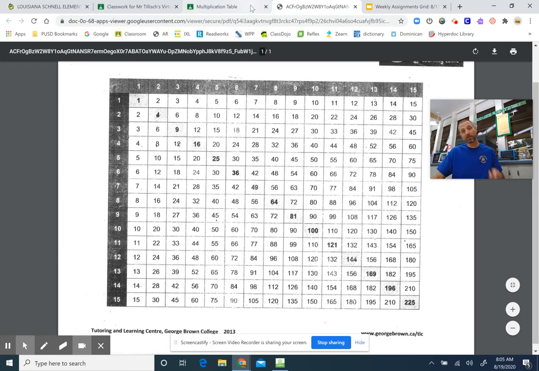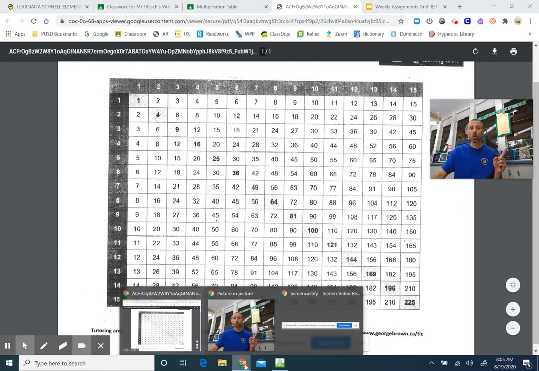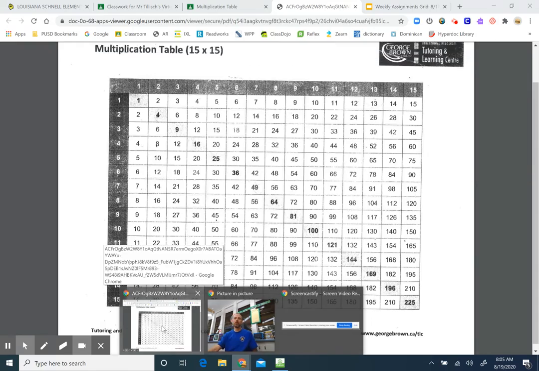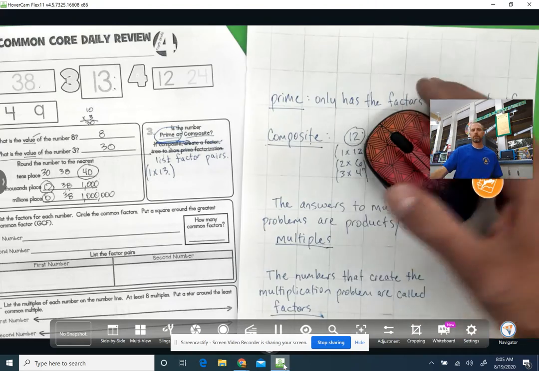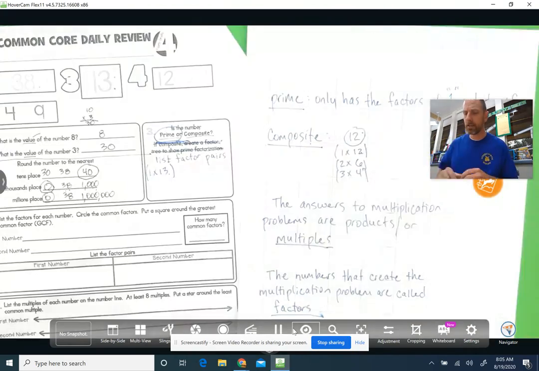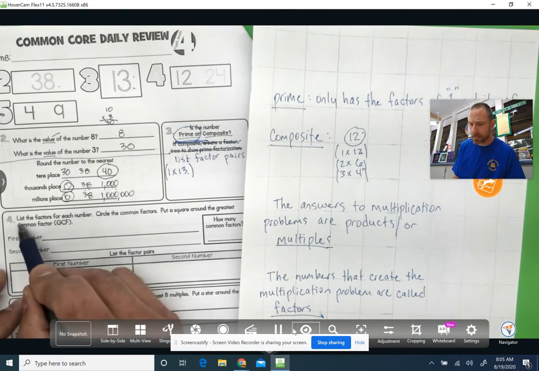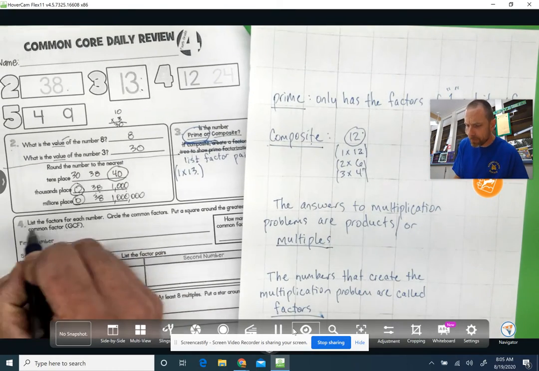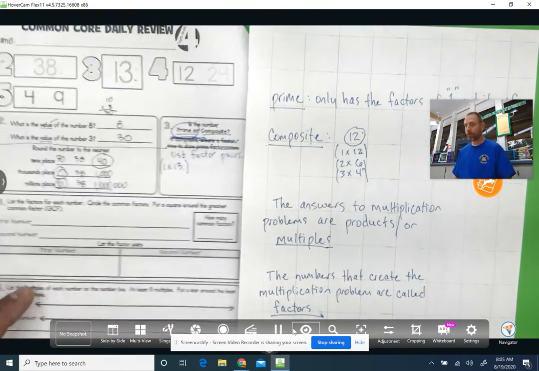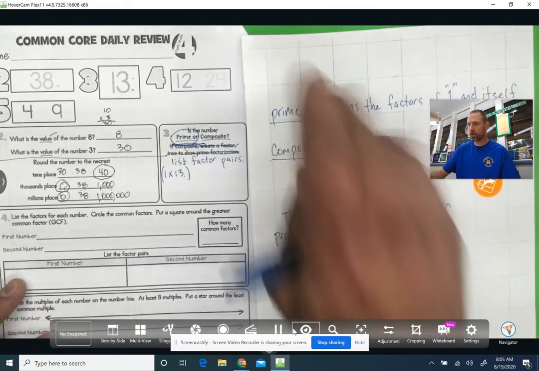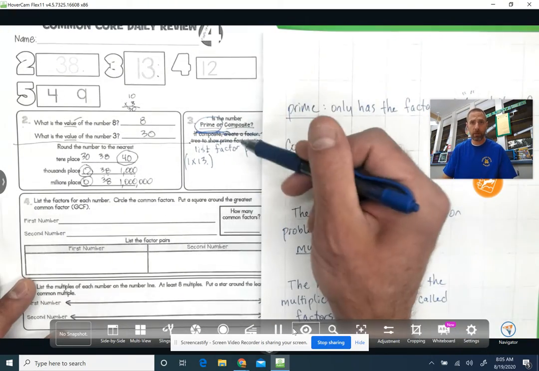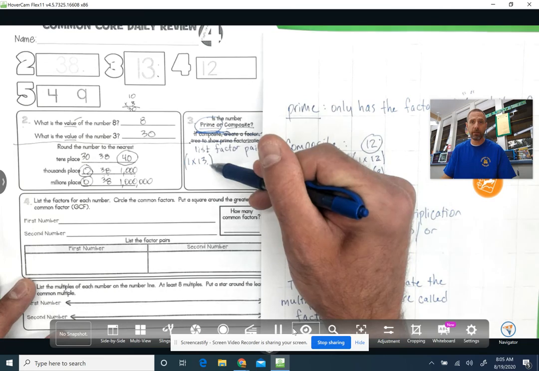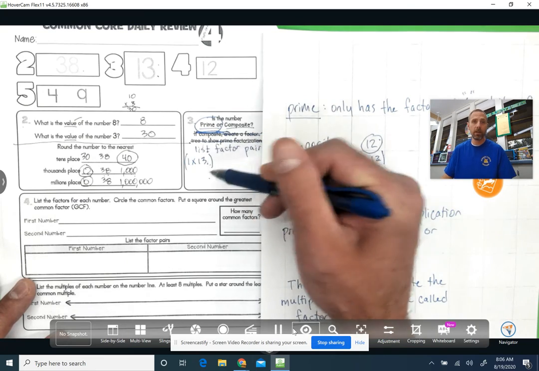All right, I'm going to keep this multiplication table up because number 4 asks us to list the factors for each number. For number 3, again, we were listing the factor pairs to figure out if a number is prime.